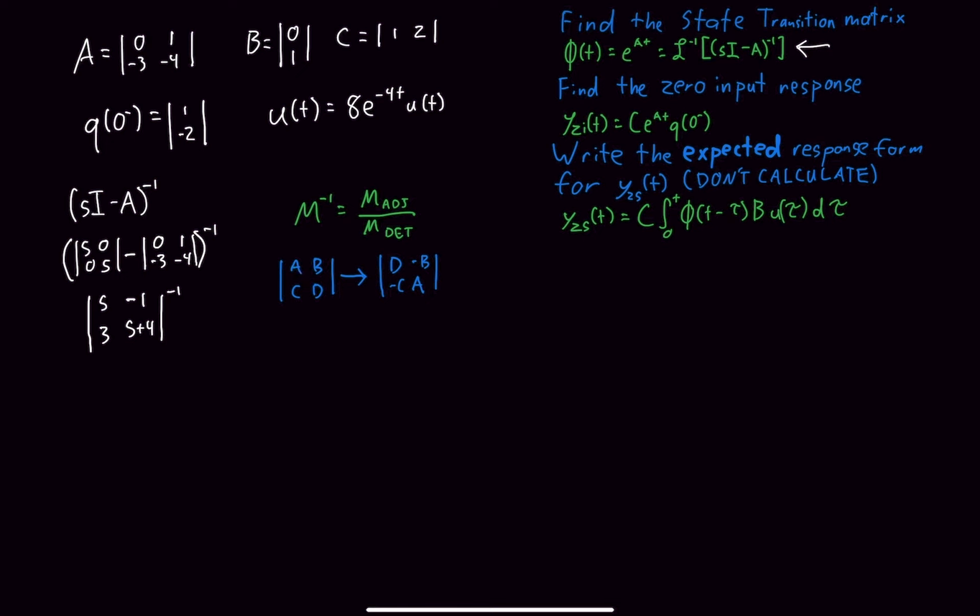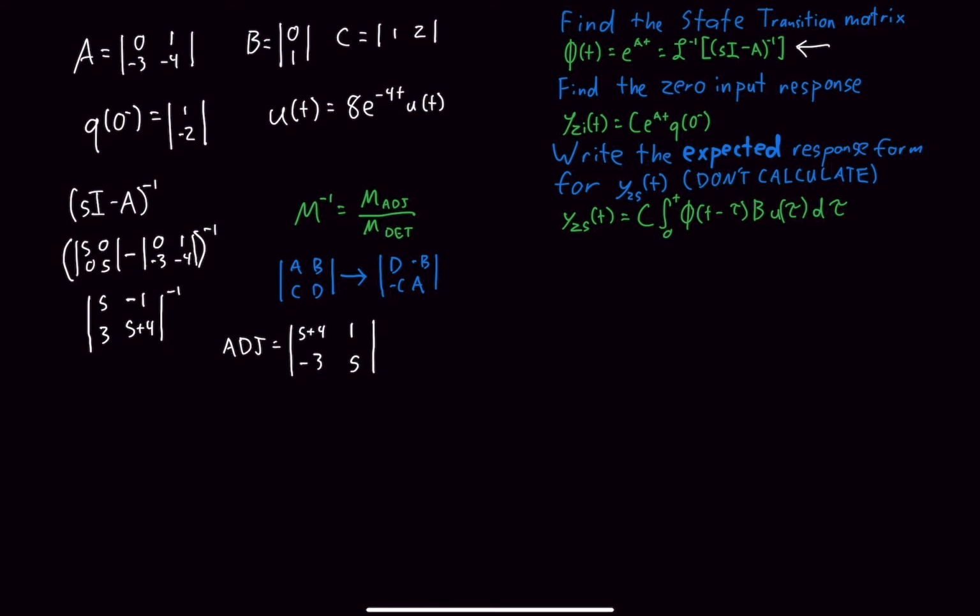Let's go ahead and find the adjoint matrix, which becomes s plus 4, 1, minus 3, and s.